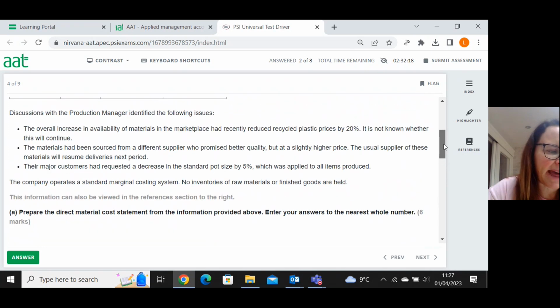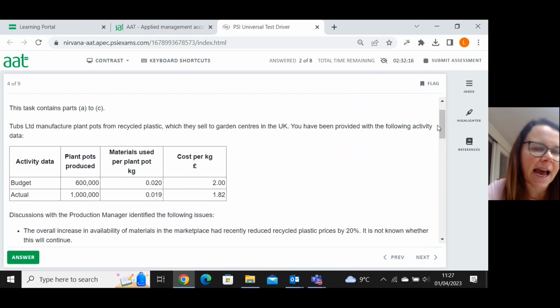I then need to compare that to the actual quantity of material that I used, again at the standard price, so the £2. So how much material did I actually use here? Well, I made 1 million and I used 0.019 kilos per pot. So I actually used 19,000 kilograms, which I multiplied by the 2, which is 38,000.